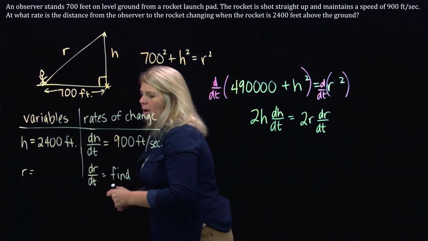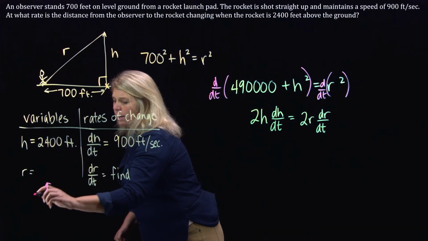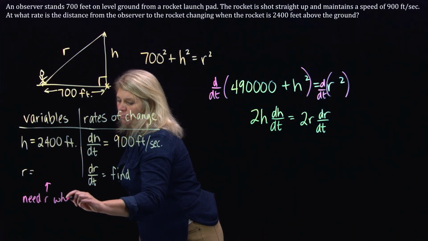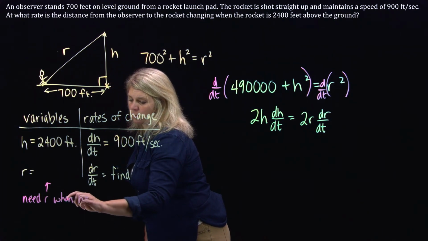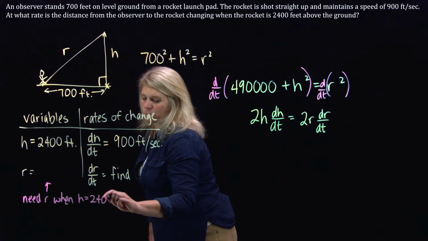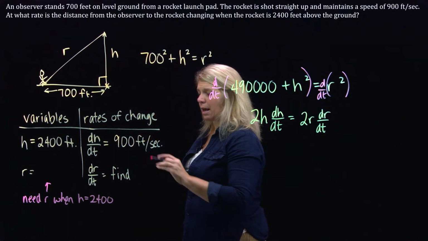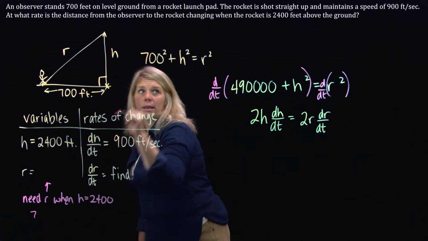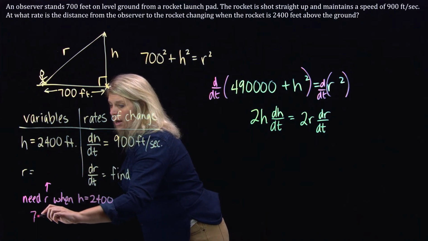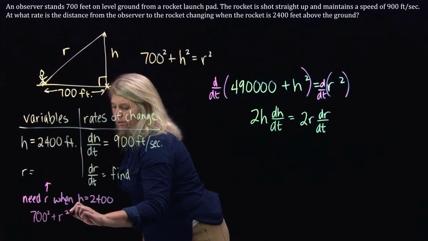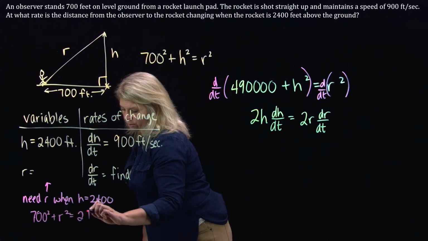So I need to find that r when h is 2400. So I'm going to use my Pythagorean theorem here to help me find that. So I'll just plug in the 2400 for h. So I'll have 700 squared plus r squared equals 2400.